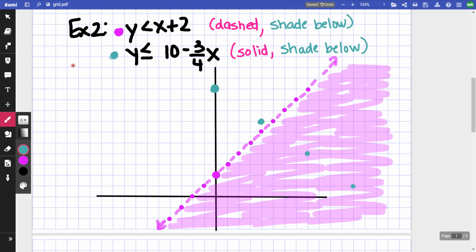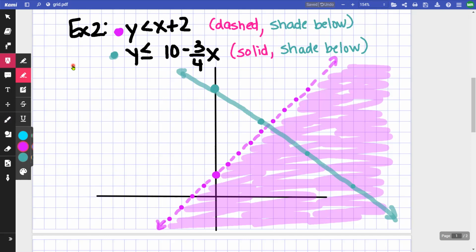This one's going to be a solid line. Okay, so I'm going to try to make it a little more transparent, sorry. But this is going to be a solid line. And then for this, I want to shade below. So for my teal line, I'm going to be shading below my teal line.